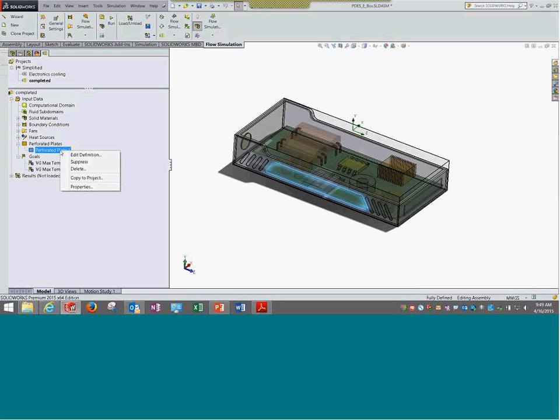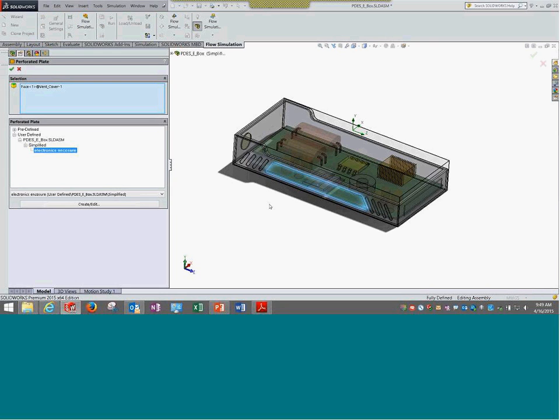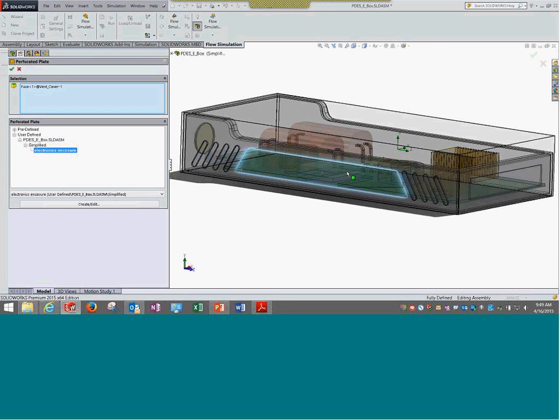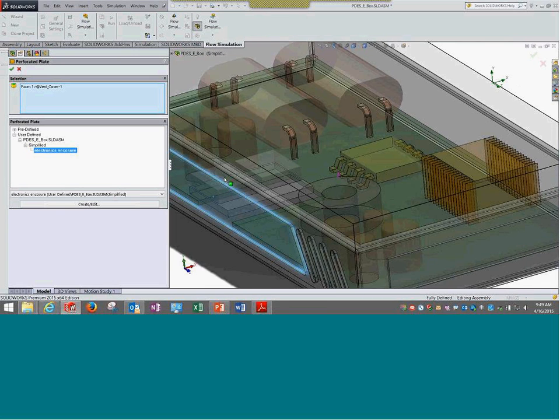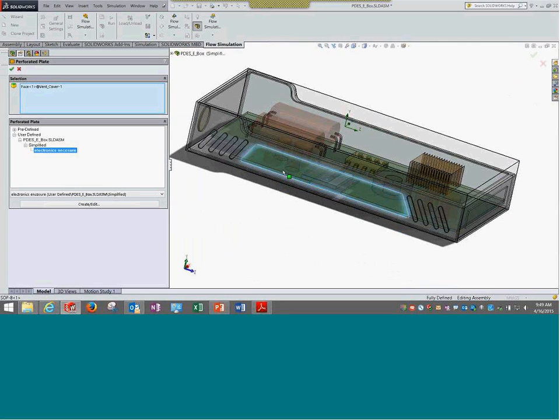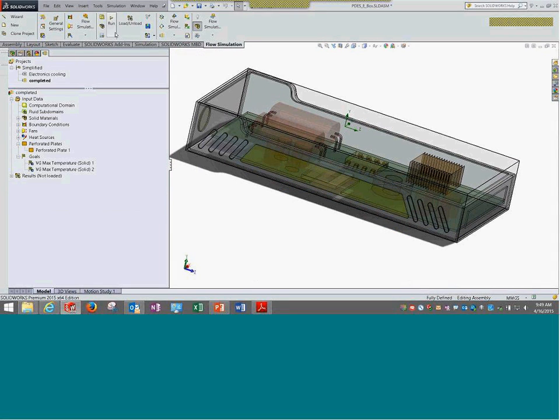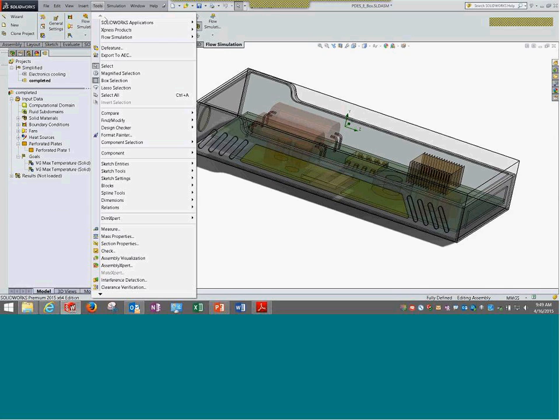What remains, or what is a new thing that we learn in this chapter, is this particular thing. Apart from applying an environmental pressure to a particular surface, we also represent this as a perforated plate. Again, the option is present somewhere here.